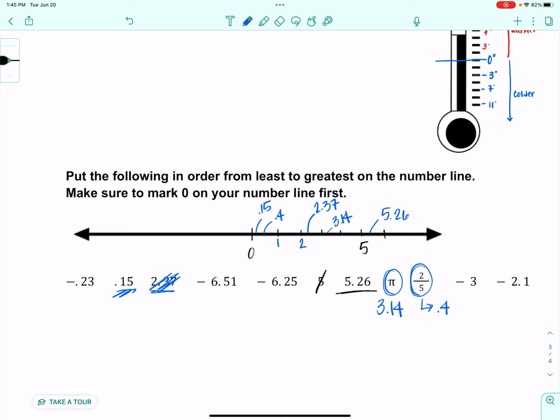Now I'm going to go put my negatives in there. So I'm going to do like I did on the positive side. I'm going to do -1, -2, -3, -4, -5, -6. I'm going to go out to -7 because I do have some -6 point some things. I know that if I start with -0.23, if I'm talking in terms of temperature, that's pretty close to 0.